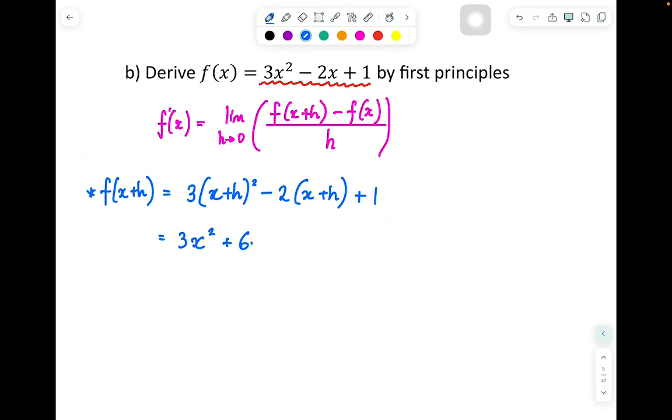I'm skipping a step here in my expansion, so see if you can make that mental leap.